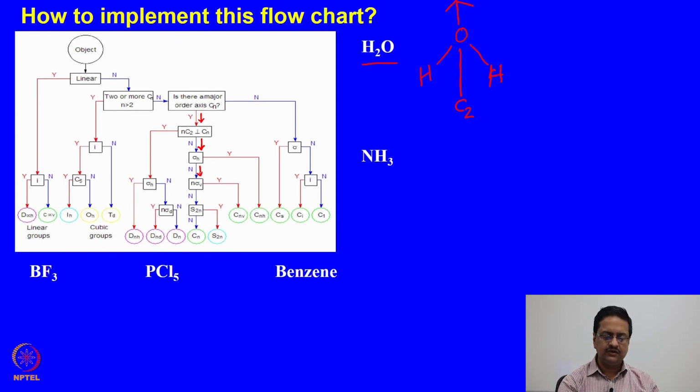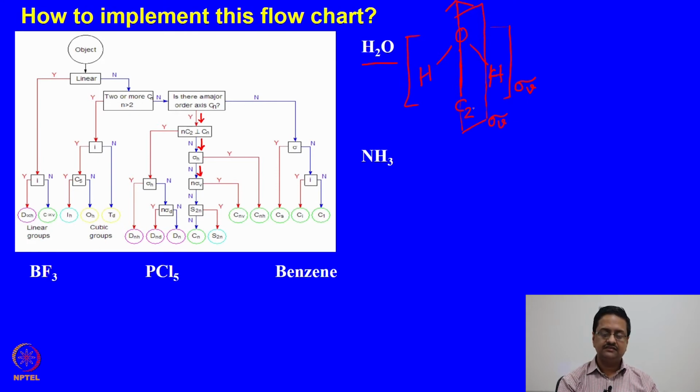Of course, water molecule has 2 sigma v, as we have learned in the previous lecture. So, this is 1 sigma v, and the other sigma v is the perpendicular mirror plane, which is containing the C2 axis.